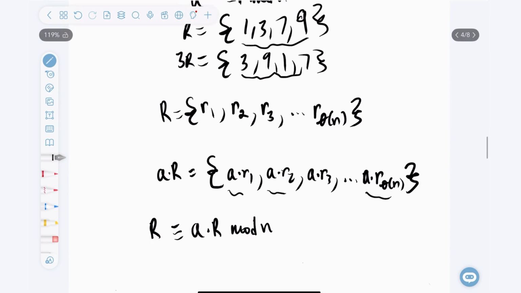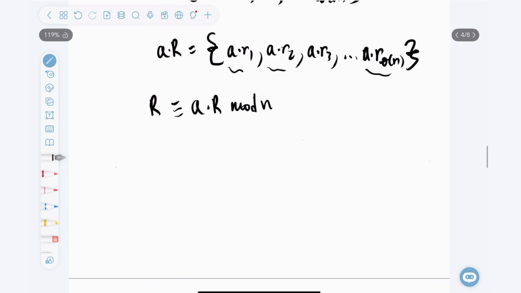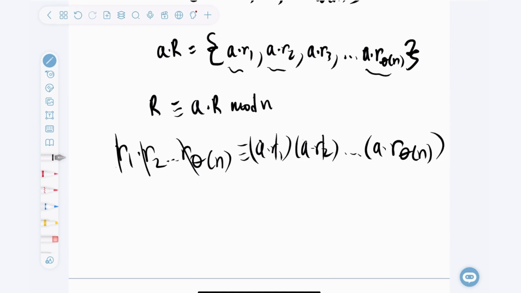So we can substitute the values of r on both sides here and see that r1 times r2 all the way to r phi n is congruent to a times r1 times a times r2 all the way till a times r phi n. And we can just cancel out all these r terms on both sides.